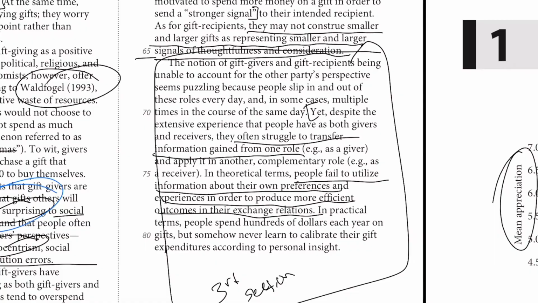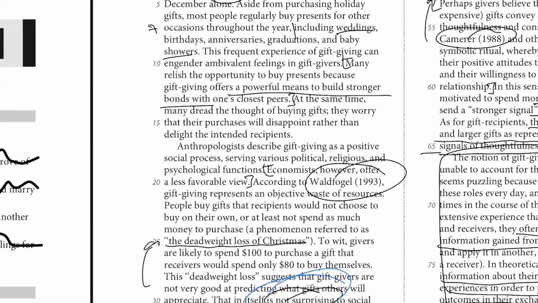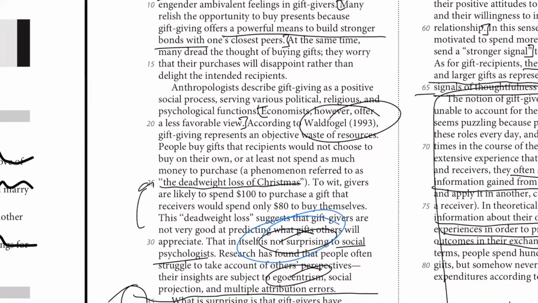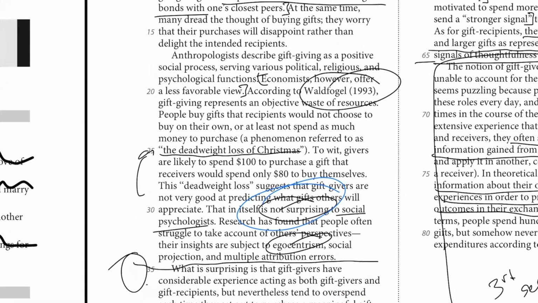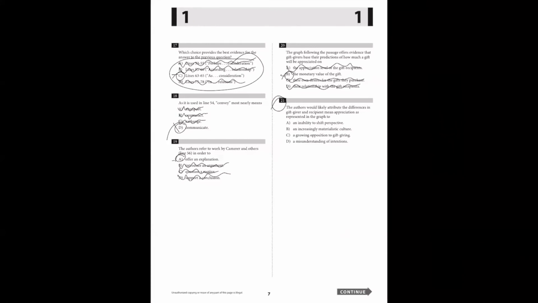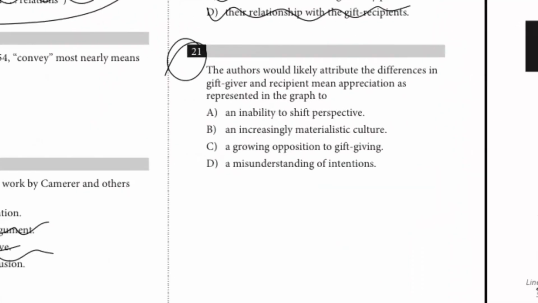And in addition to this evidence, look, it says right here, research has found that people often struggle to take account of other people's perspectives. Exactly. Your answer is going to be A.